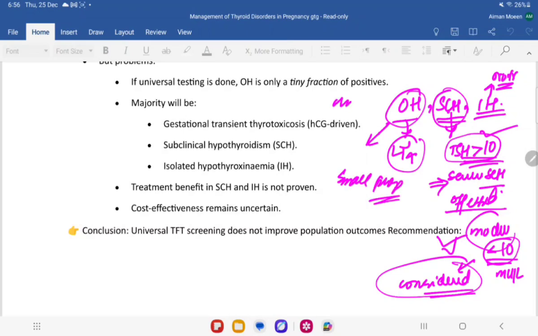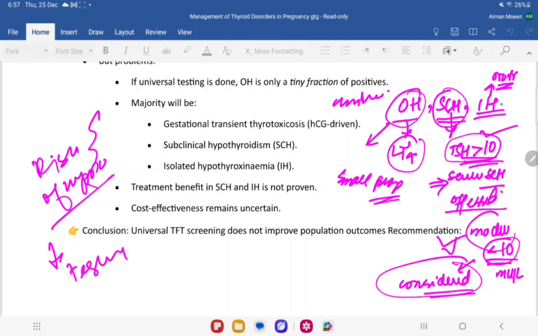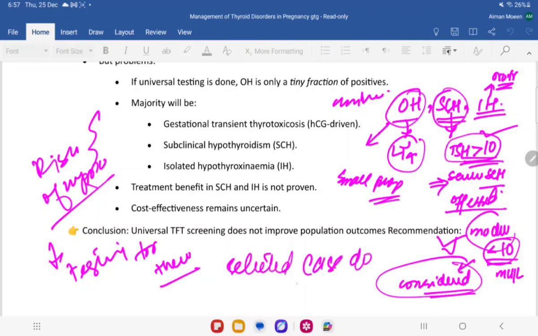So why do universal testing? Those women who are at risk of hypothyroidism, we will do testing for them. Okay, so no universal testing, but in selected cases do TFTs and screen for thyroid disease.